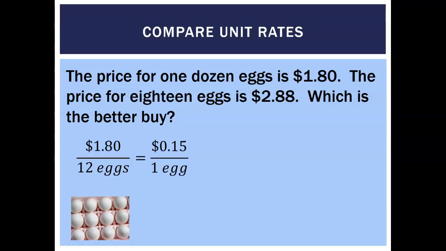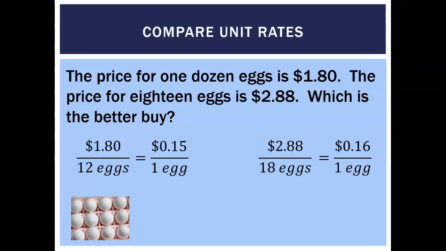We will do the same for $2.88 for 18 eggs. We will divide the $2.88 by 18 and find that the price is 16 cents per egg. Comparing only the price, we find that 1 dozen eggs for $1.80 is the better buy. Each egg is less expensive than the eggs in the box of 18 eggs.